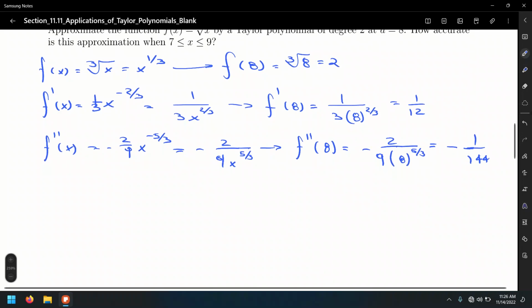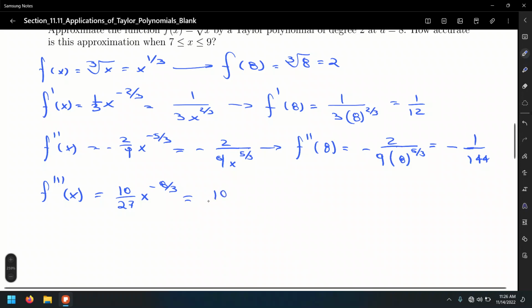However, I'm going to take one more derivative because we will need it for Taylor's inequality. So careful, negative times a negative is positive. 2 times 5 is 10, 9 times 3 is 27. x to the negative 5/3 minus 1, which is negative 5/3 minus 3/3, that's negative 8/3.